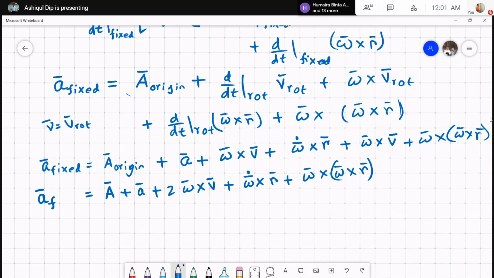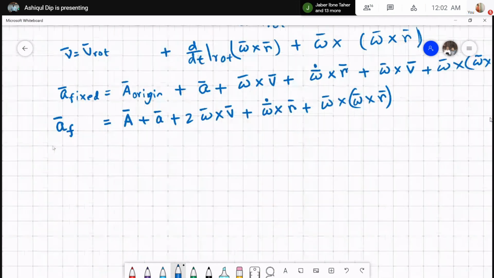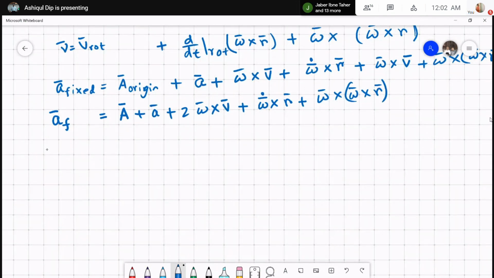So by Newton's law, this AF, the acceleration seen by the fixed non-moving observer, is basically the applied force divided by mass.